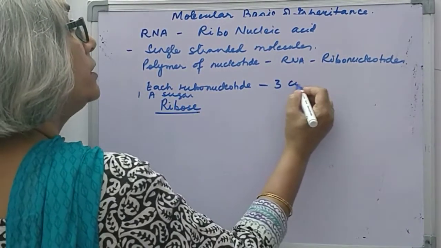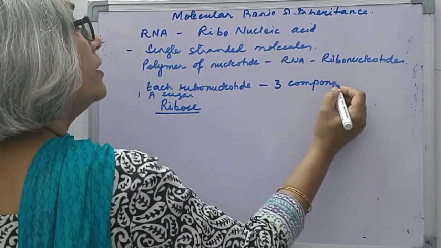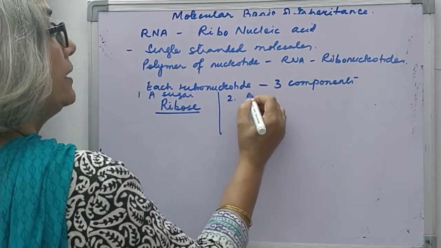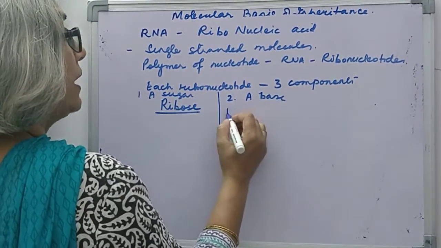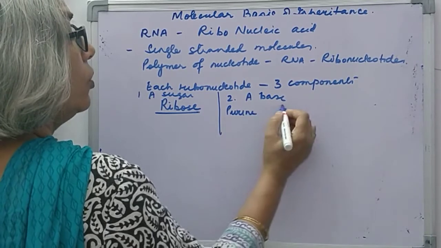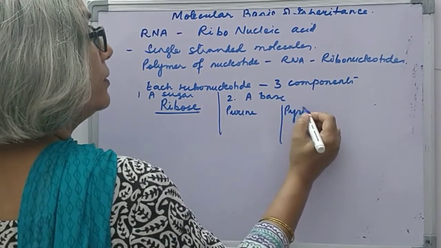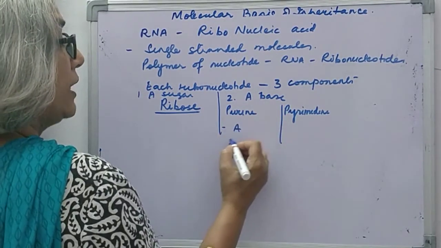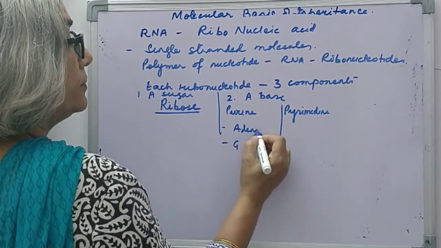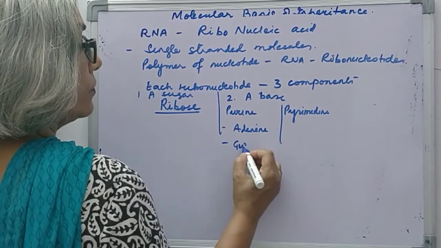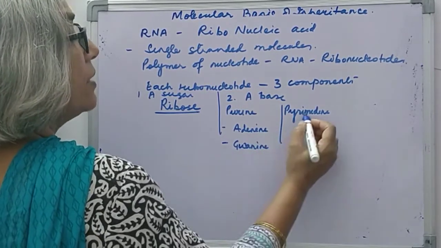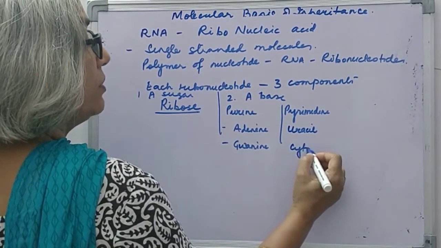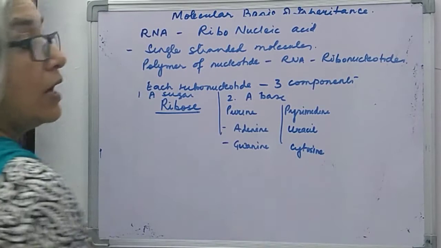Just like deoxyribonucleotides, it has three components. One is a sugar. Second is a base. The base can be either a purine or a pyrimidine. In the case of RNA, the purines are adenine and guanine, whereas the pyrimidines are uracil and cytosine. Thymine is not present in RNA.